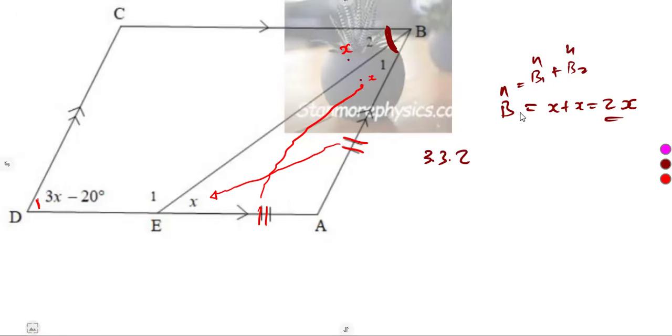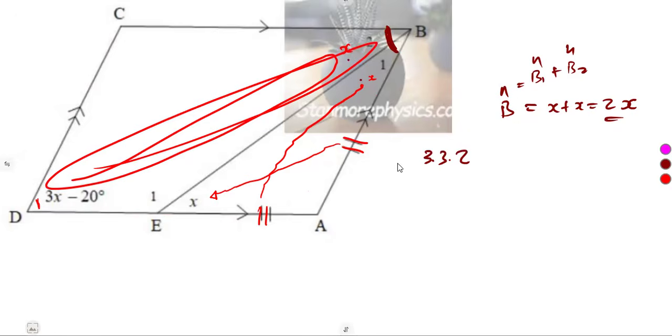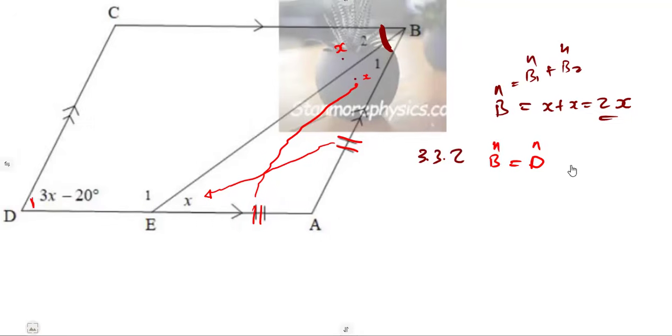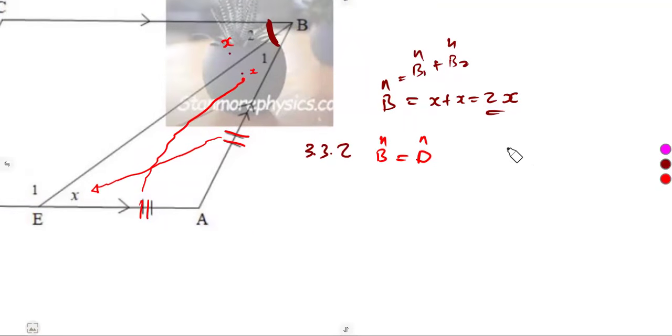But remember, we are dealing with a parallelogram. Properties tell us that opposite angles are equal. The angle at B is the same as the angle at D from the properties of a parallelogram.